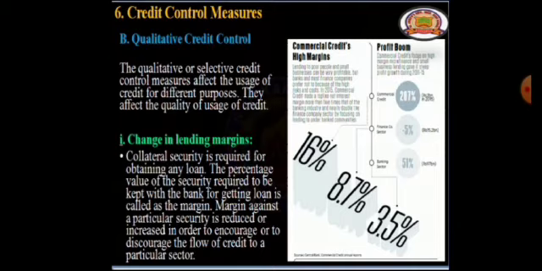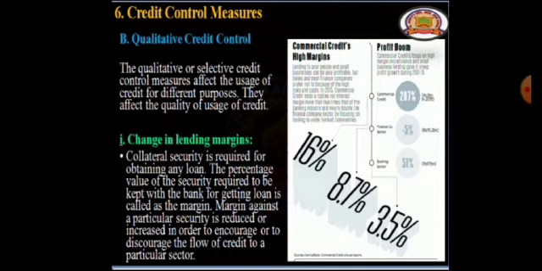Remember, whenever you try to get a loan, you need to keep collateral securities. What exactly are collateral securities? Collateral security is the documents of your property, your land, your building, whatever it may be. It is known as collateral security.